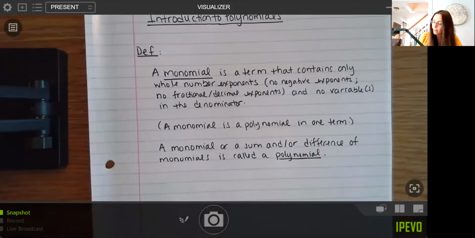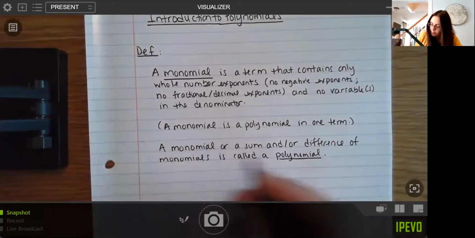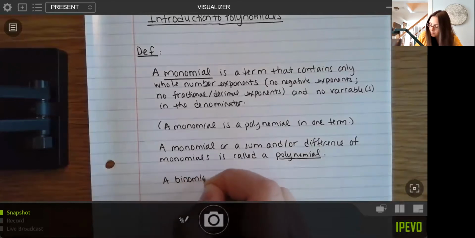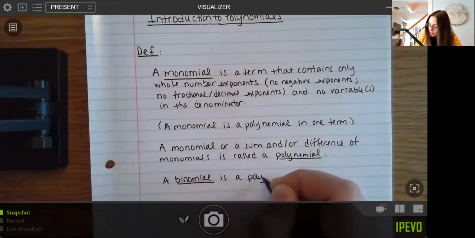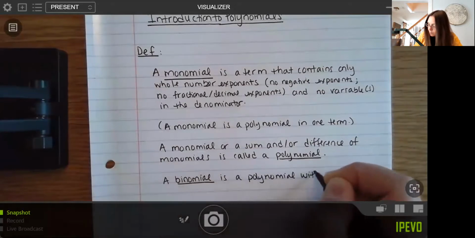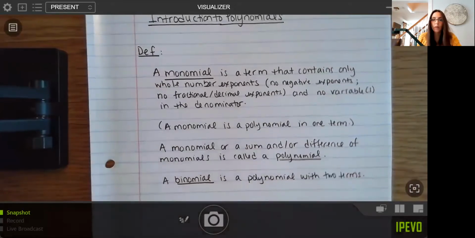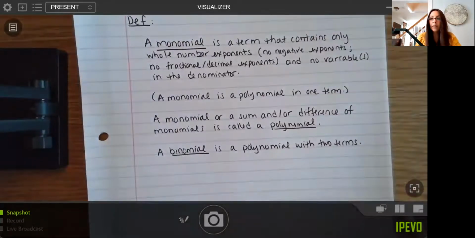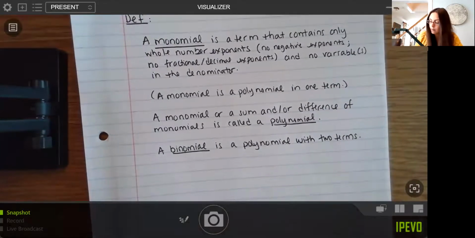We also have binomials and trinomials that we define. So a binomial is a polynomial with two terms. Bi means two. If you think about a bicycle has two wheels.